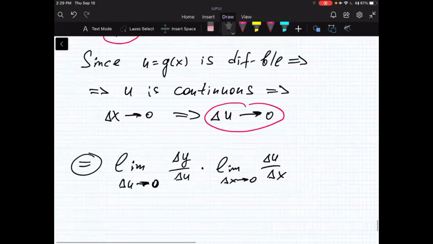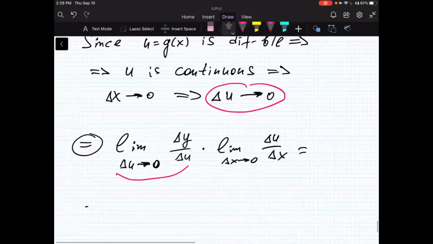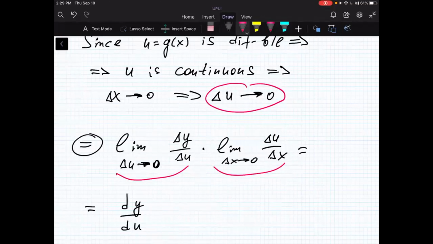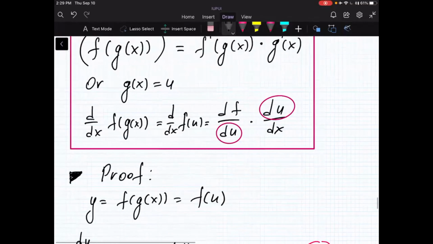And that's it, because this gives me the definition of the derivative of y with respect to u, while this gives me the definition of du over dx. And again, my y is the same as f. How I wrote it, df over du.